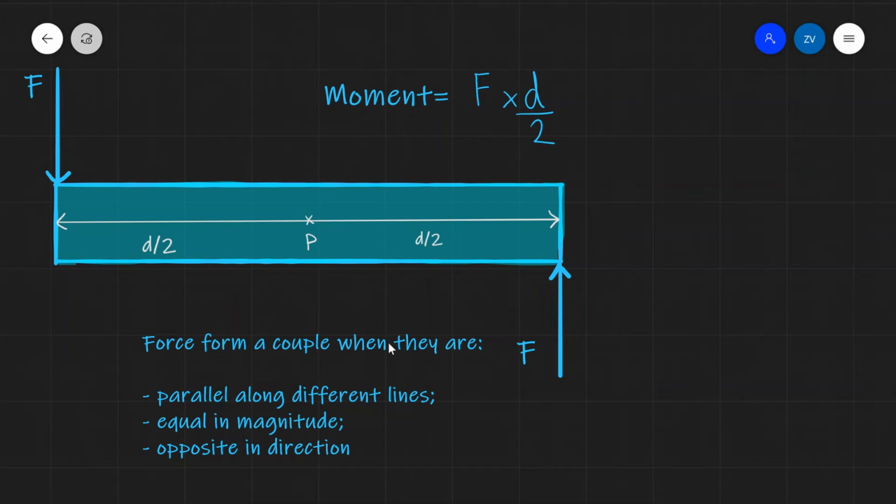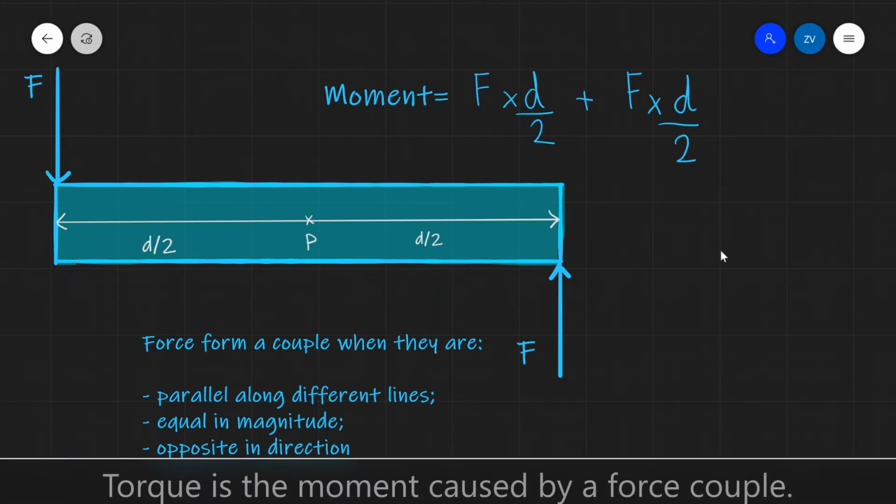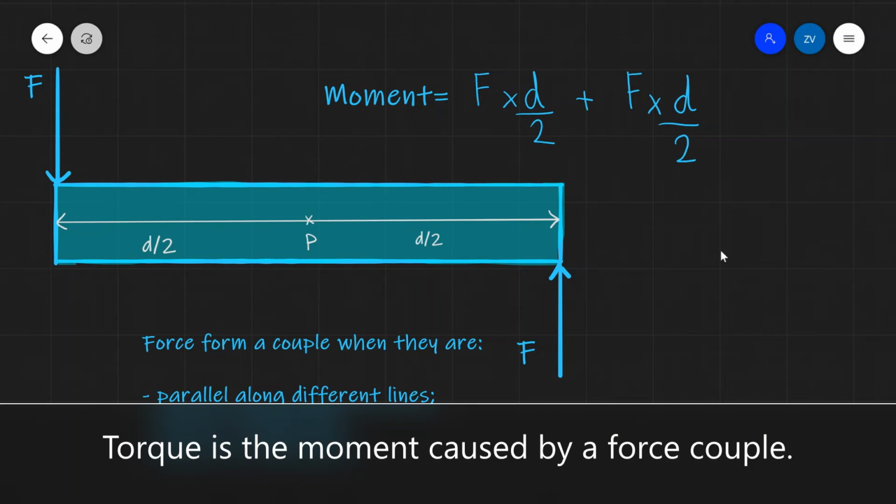and the other force, which is also causing a moment in the anti-clockwise direction, will have a magnitude F times its perpendicular distance, which is d over 2. And if we just add those two expressions together, we get that the total moment, which is the torque, is equal to the magnitude of one of those forces multiplied by the perpendicular distance between them.